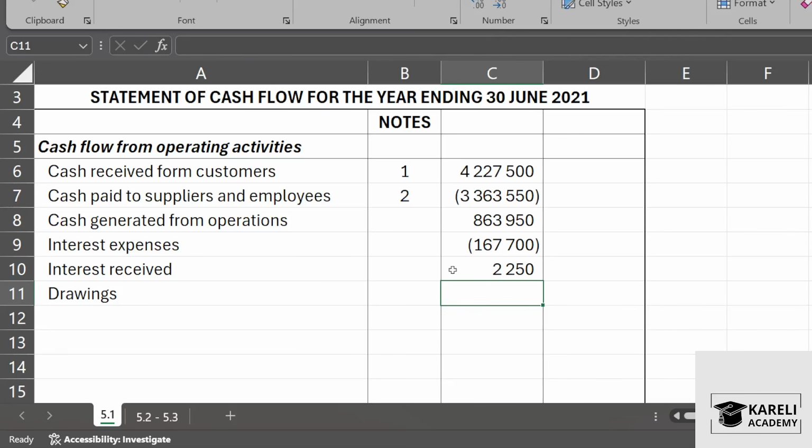It's vice versa. On the notes, incomes are in brackets, but in the statement of cash flow, the expenses are the ones that are in brackets. Even the drawings should be in brackets.